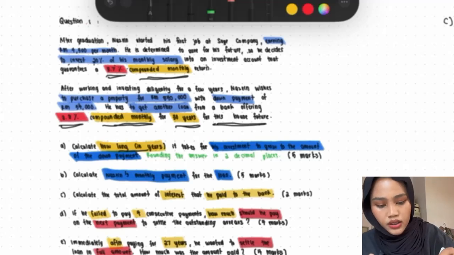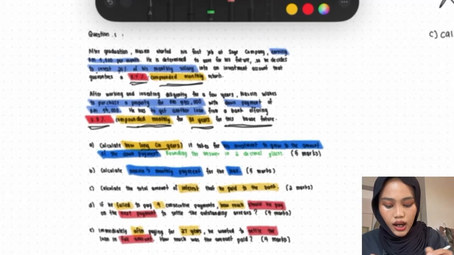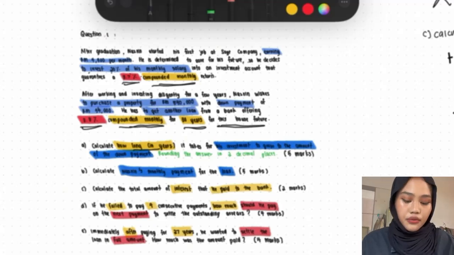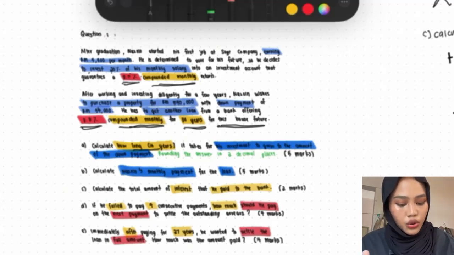The first question is, calculate how long in years it takes for his investment to grow to the amount of the down payment.